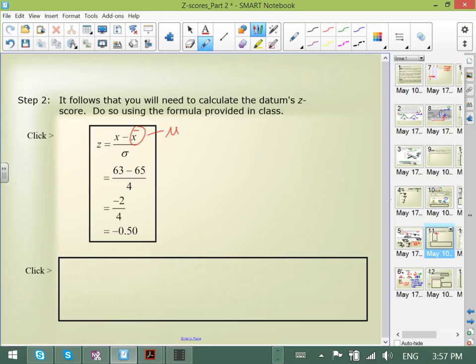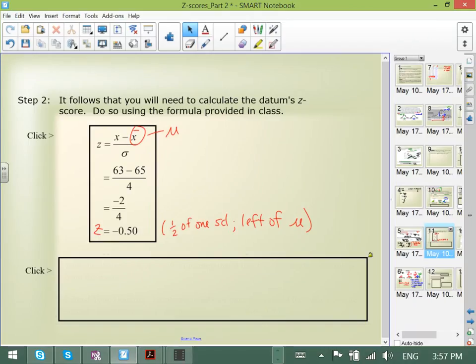So 63 minus 65, that means that we have a z-score of minus 0.5, which means half a standard deviation. So that would be half of 1 SD, but left of the mean, left of the population mean.